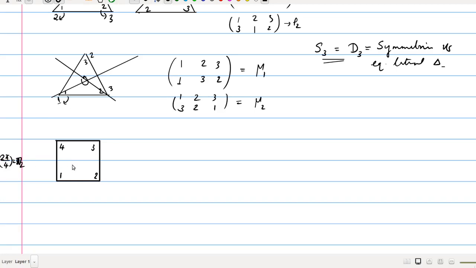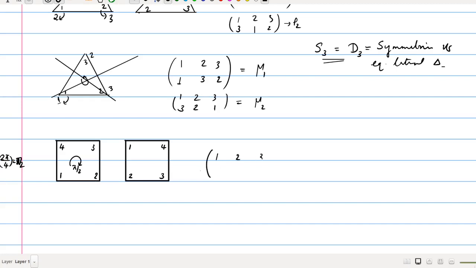When you rotate this square through pi by 2, that is 90 degrees, then you will get the same or identical square like this, and you can see the vertex 2 over here, and 1 is here, 3 is here, and 4 is here.